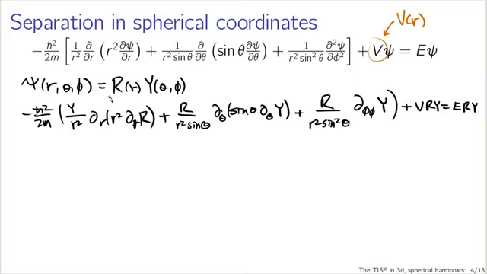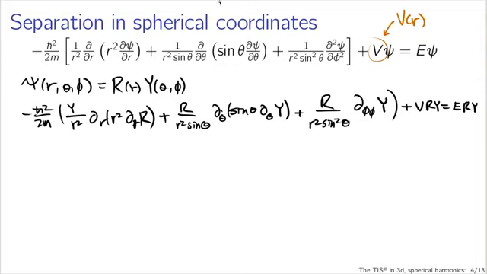As before, this isn't exactly separated. I have a theta and phi dependent term tagging along with my partial derivatives with respect to r. And here I also have an r squared tagging along with my theta and phi dependence, both for my theta derivative term and for my phi derivative term. So I've got to somehow get rid of that.